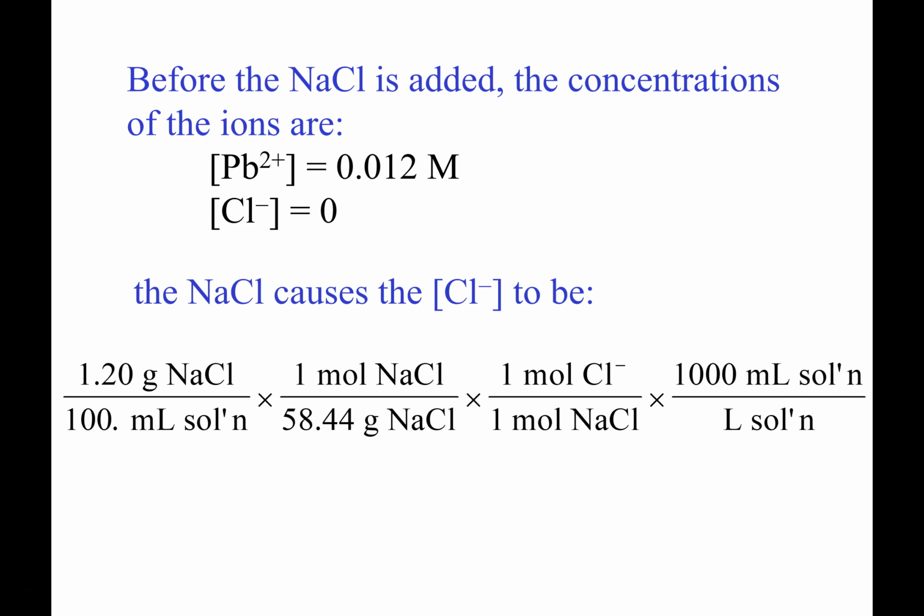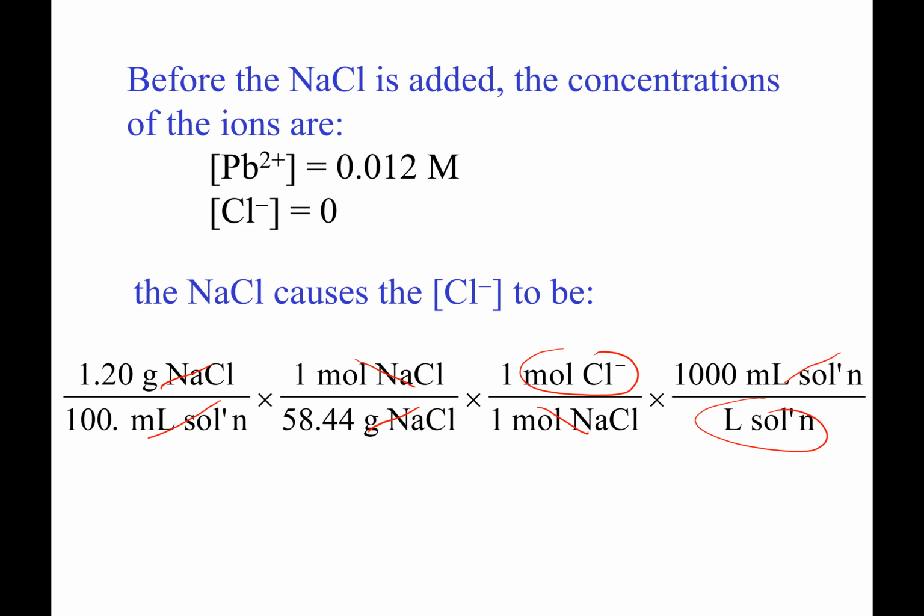So one last term, because molarity needs to be in liters. If I introduce 1,000 milliliters over 1 liter, now things have canceled: grams of NaCl cancel, moles of NaCl cancel. We're left with moles of chloride ion, and milliliters of solution cancel, per liter of solution.